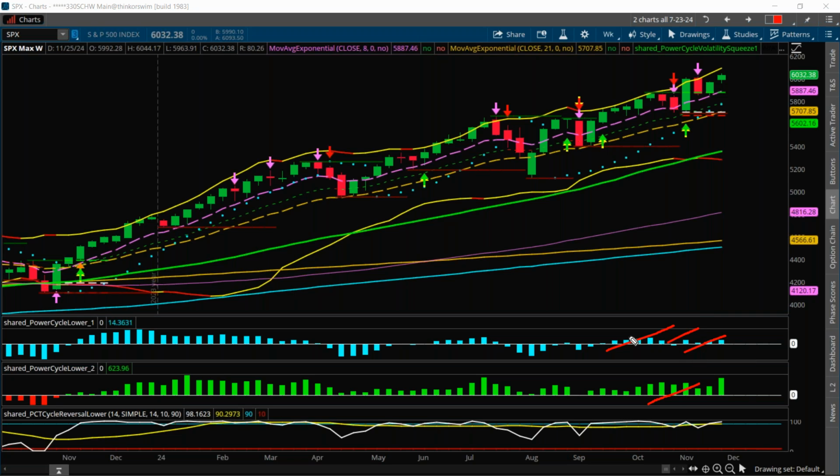Cycle one, which is fast, has not really gone below zero except for this one time, back here in July, August. But momentum two, you can see all the way through. Since December of last year, we've had positive momentum. I like to look at that momentum two, and that shows you a really strong momentum trend up.